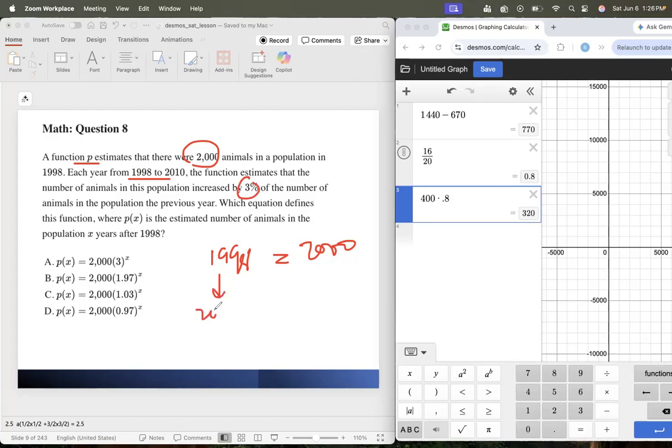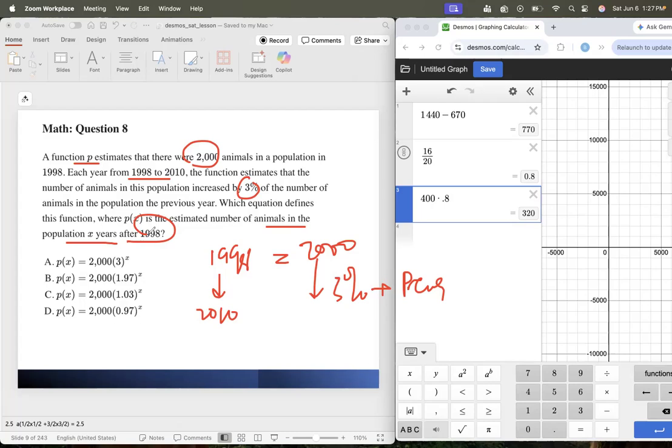So if we go to 2010, this is going to increase by 3% of the number of animals in the population of the previous year. That means the previous year's population plus 3%, right? Which equation defines p of x, the estimated number of animals in the population after 1998? After 1998, that's the baseline.